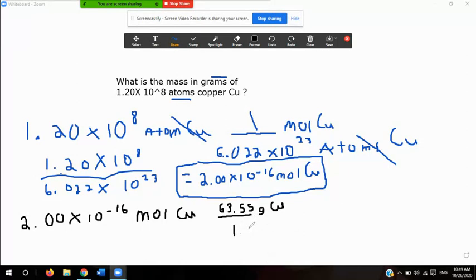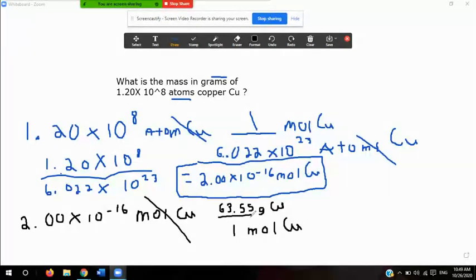So 1 mole of copper is approximately 63.55 grams, and you're going to multiply that. So remember to leave our answer at 3 significant figures.